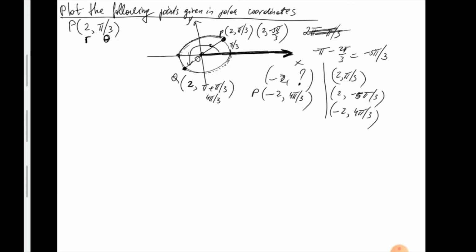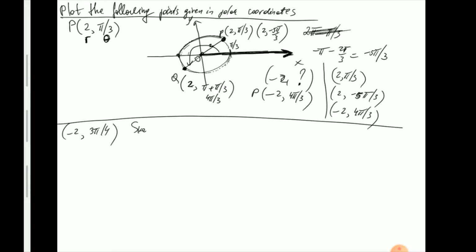All right, so with that in mind, let's go over another example before we move on to a different page. So let's say we want to sketch (minus 2, 3 pi over 4). Let's do another example with a negative 2. So again, like I said before, sketch first (2, 3 pi over 4), and then this one will be the symmetric of that one.